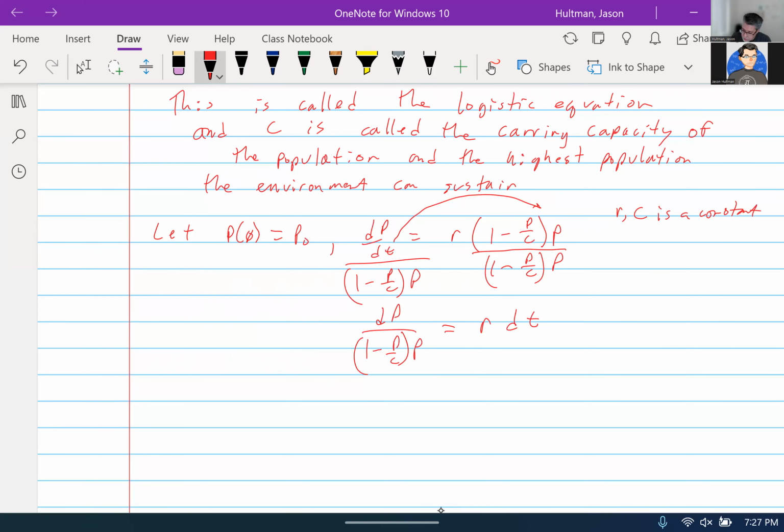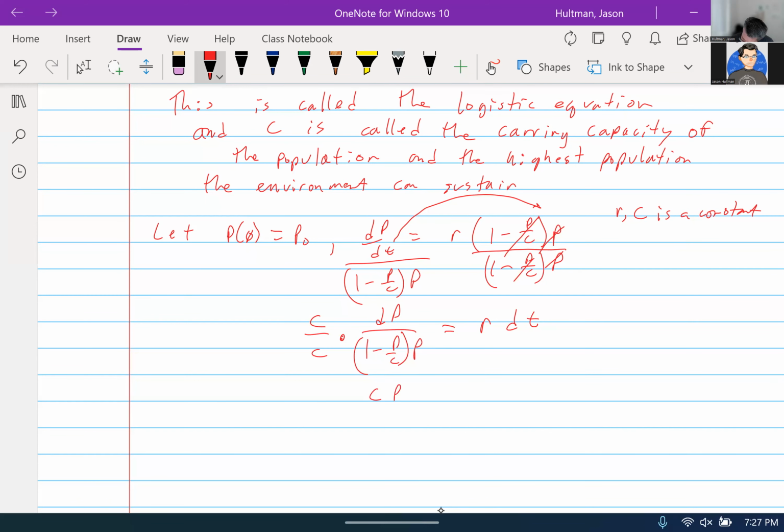Now I want to multiply both top and bottom by C, so I don't have to deal with some weird fractions here.